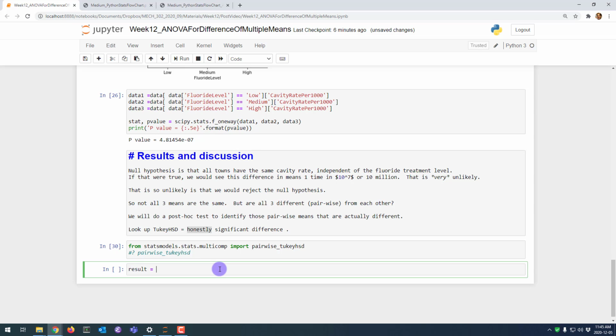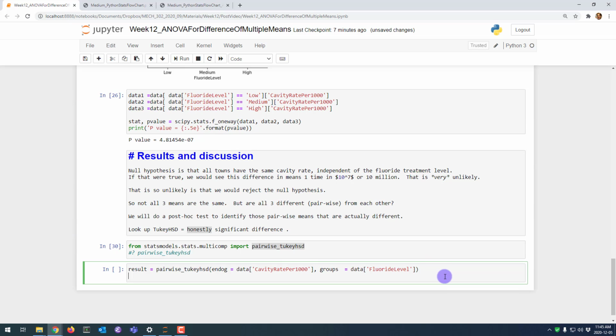We're going to call this results equals that pairwise Tukey HSD, and the endogenous thing is our data set with the cavity rate, and the groups are our data with the fluoride levels. So all the continuous data goes into the endogenous, and the groups are defined by the fluoride levels. And really, that's all we need.